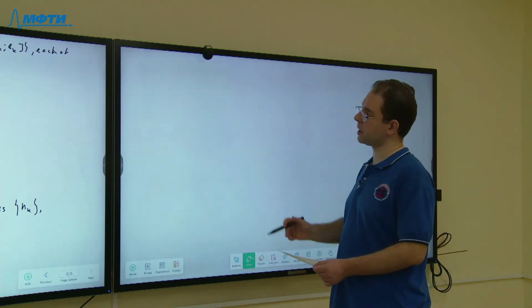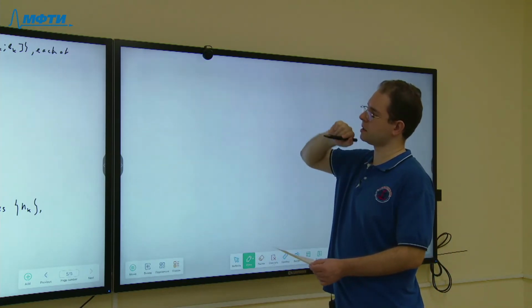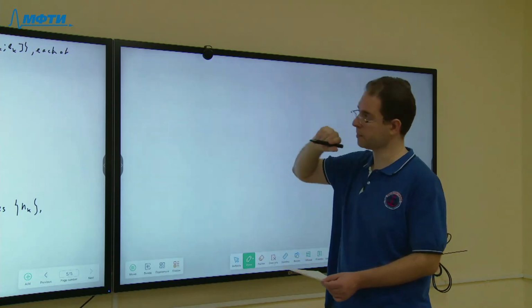Let's get back to our nested sequence of closed intervals.